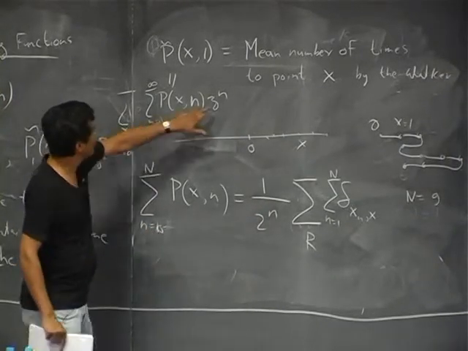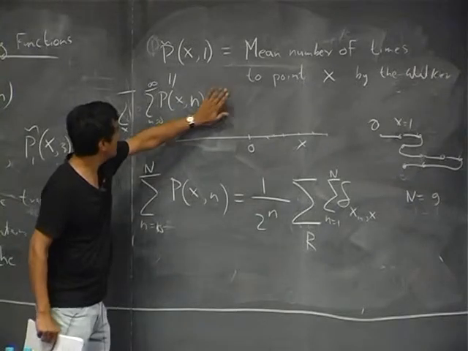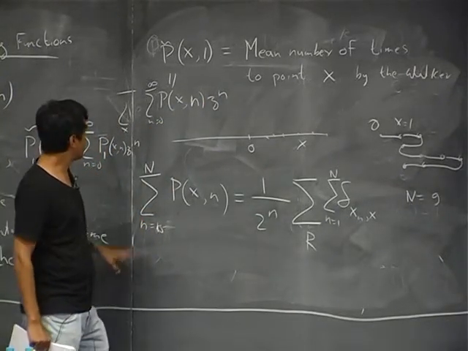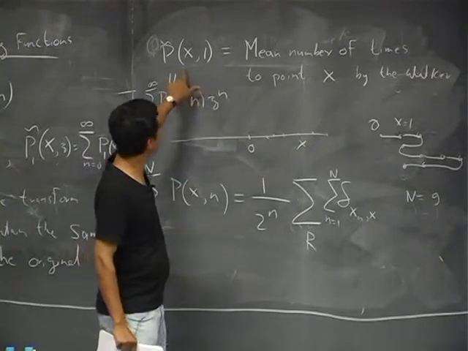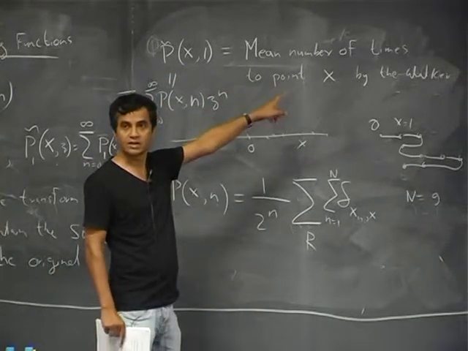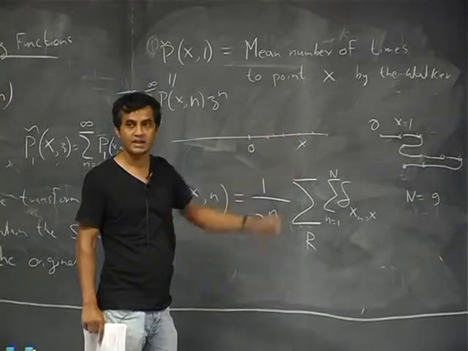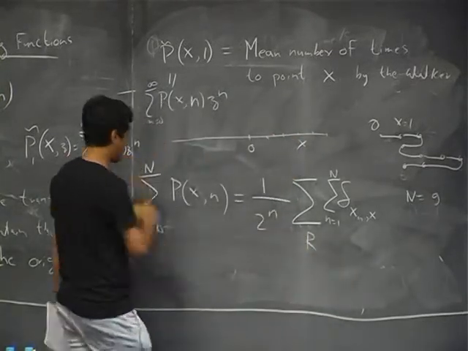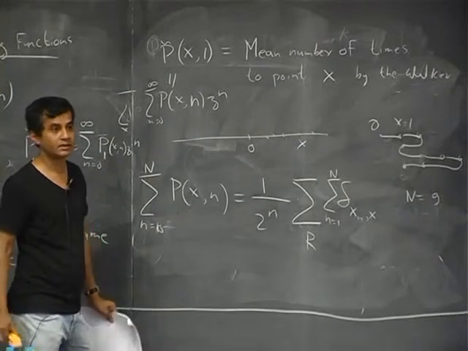So here if I put z equal to 1, this is not there. So then it's basically this object, right? So therefore, what we have shown is that this is equal to the mean number of visits to the site x. Okay, any questions?